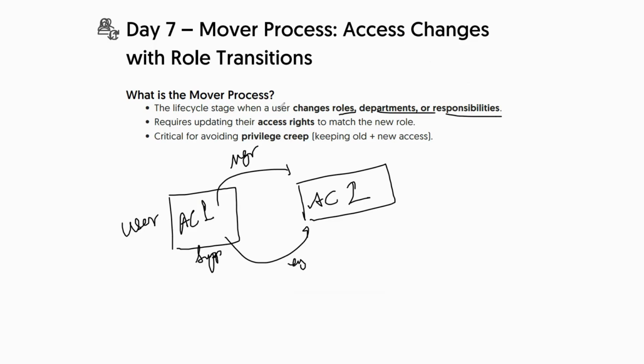The life cycle stage when a user changes roles, department and responsibility is when you set up all your mover rules. It requires updating the access rights to manage the new role, critical for avoiding privilege creep, keeping old and new access. We should never be keeping any of the old access, because there will be access 1 and let's say this user is never using access 1.